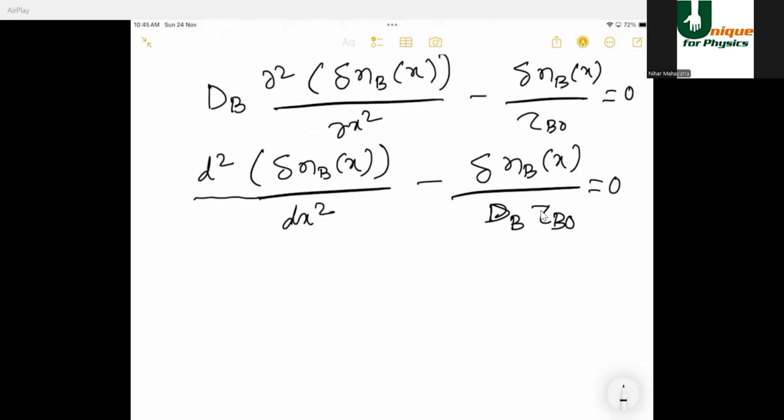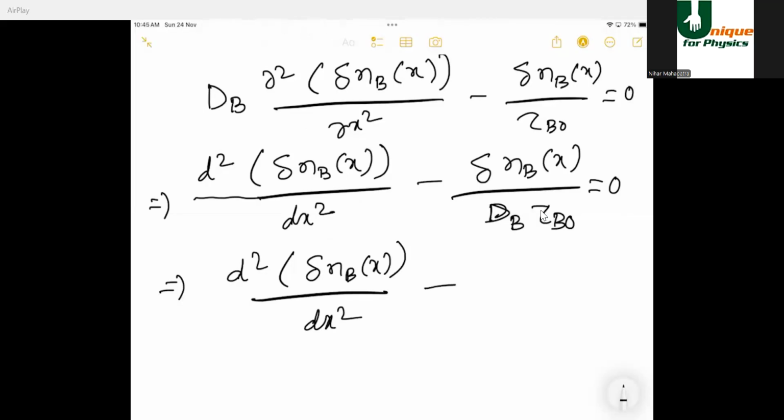Then I'm rewriting this: d square delta NB(x) upon dx square. The only change is that this terminology, dB and tau b0, we are writing as LB square, minus delta NB(x) upon LB square is equal to 0.